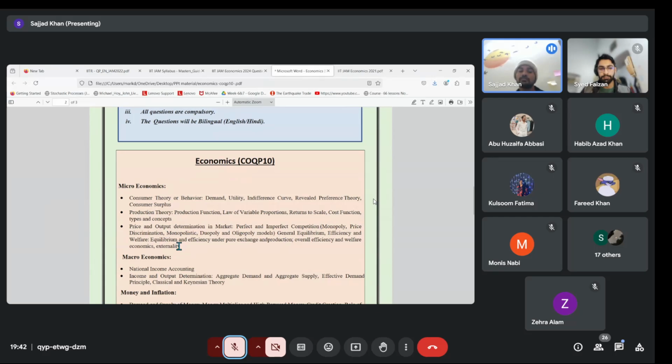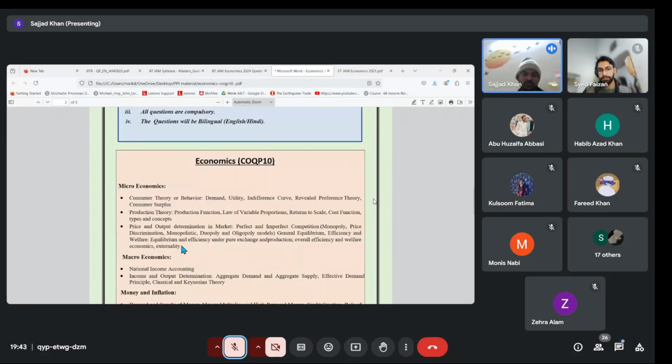If you are comfortable solving the IIT JAM PYQs, then you will tackle them easily. For the syllabus and source, I think for microeconomics you can use a good book, and Hal Varian is definitely good.